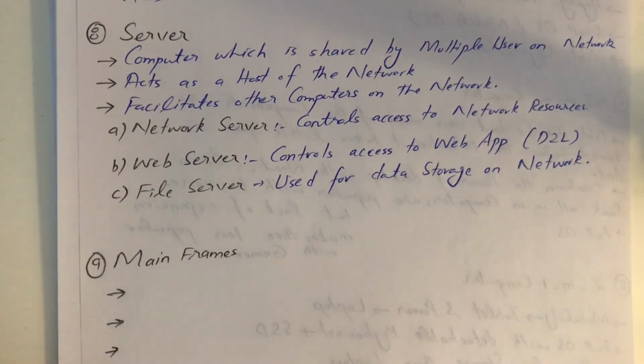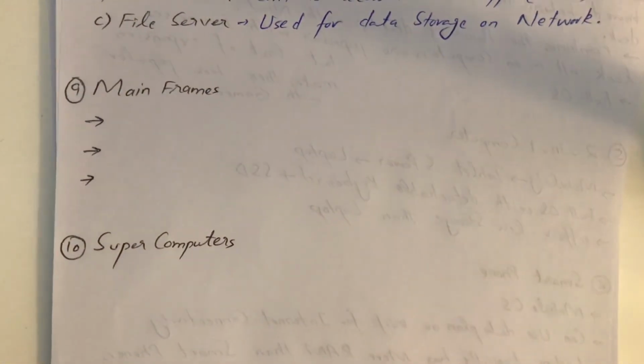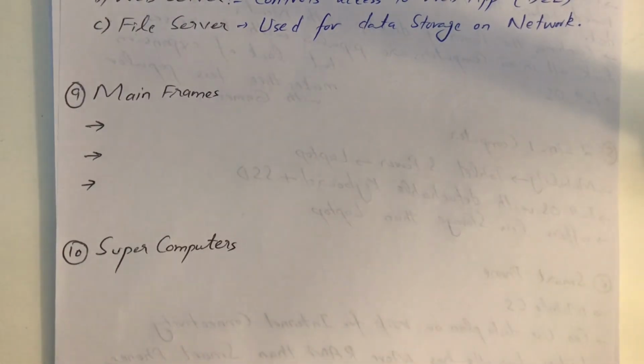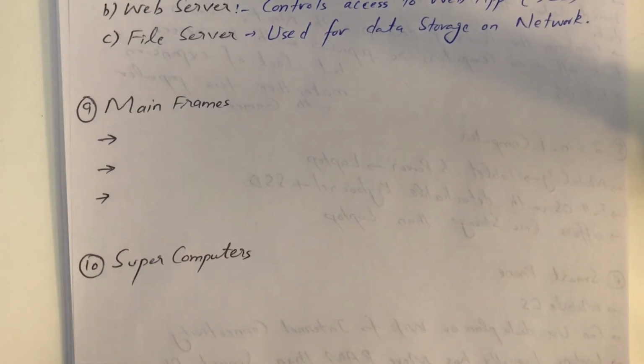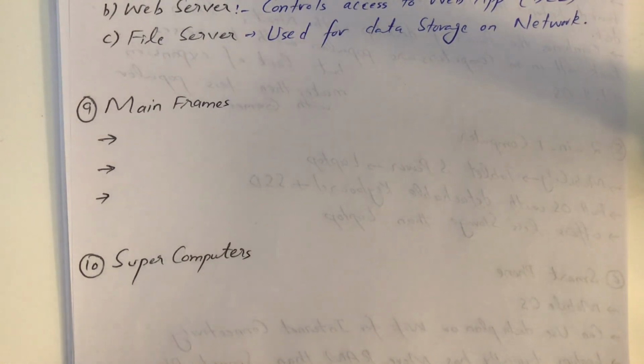Then the mainframe, the second last type, is a very powerful type of computer, for example, where we have more users. For GGC, how many people visit our website simultaneously? Maybe 1,000 people at peak times during admissions. Otherwise, maybe 10 or 20 people access our website at the same time on average.